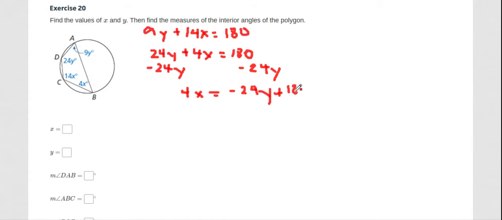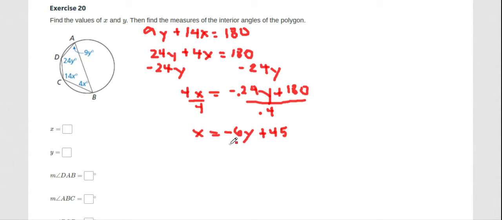Since the equation is not yet completely solved for x, we then divide each side by 4. And so you end up with x is equal to, 4 goes evenly into negative 24, negative 6 times. Don't forget about the y though. So it's negative 6y. And then 4 goes evenly into 180, 45 times. That's plus 45.